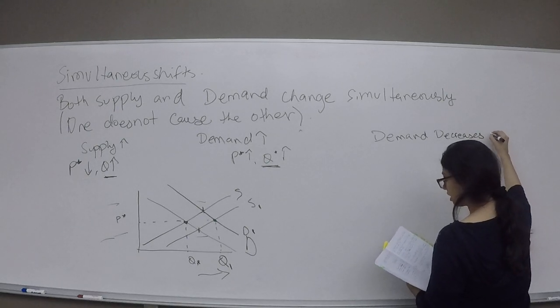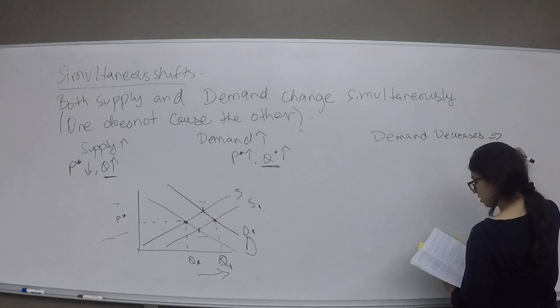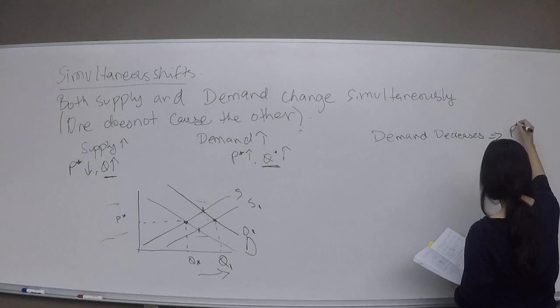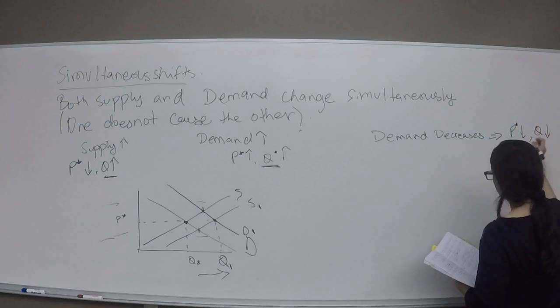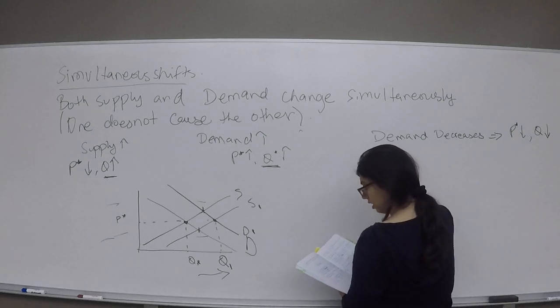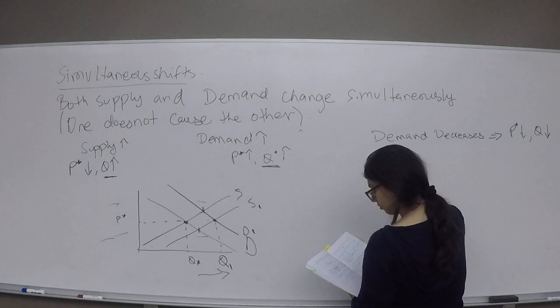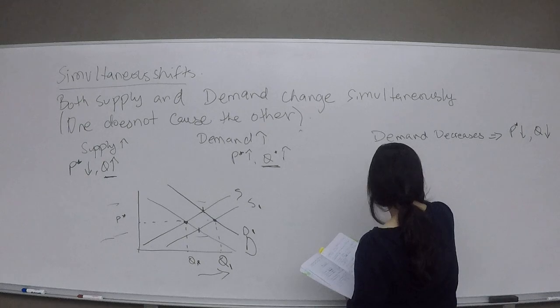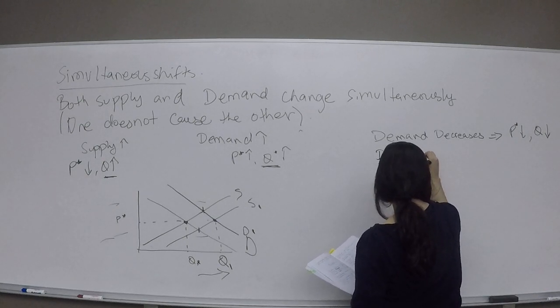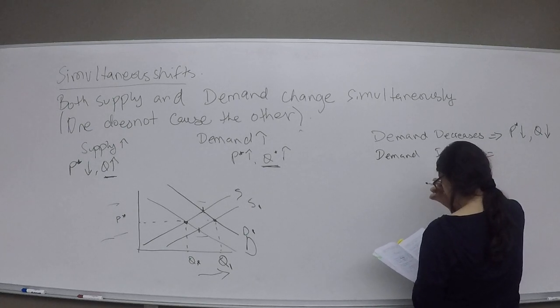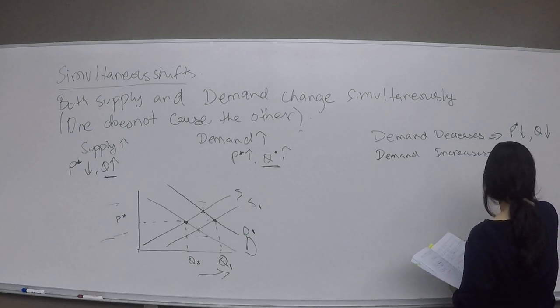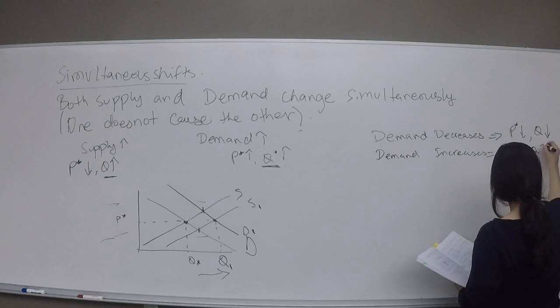So this is a little summary. When demand decreases alone, equilibrium price decreases, quantity decreases. When demand increases, price increases, quantity increases.